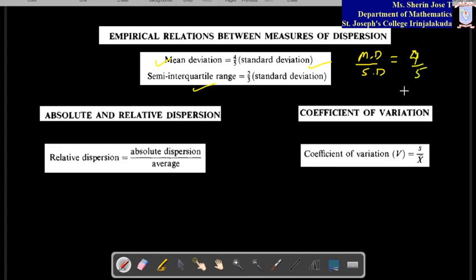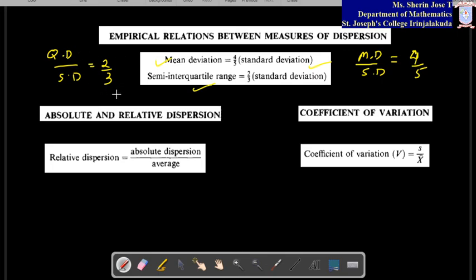If it is good data, it will come in this way, and in the other case you can take the semi quartile range. Semi quartile deviation divided by standard deviation should come 2 by 3. So mean deviation divided by standard deviation is 4 by 5, and quartile deviation divided by standard deviation is 2 by 3.